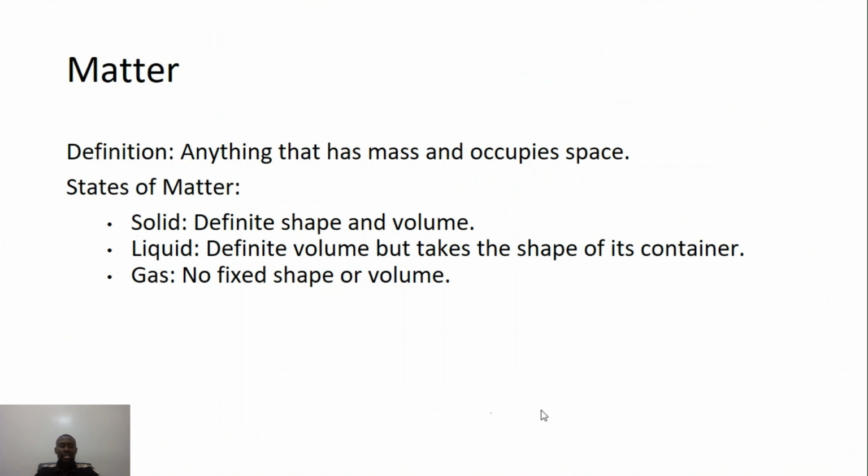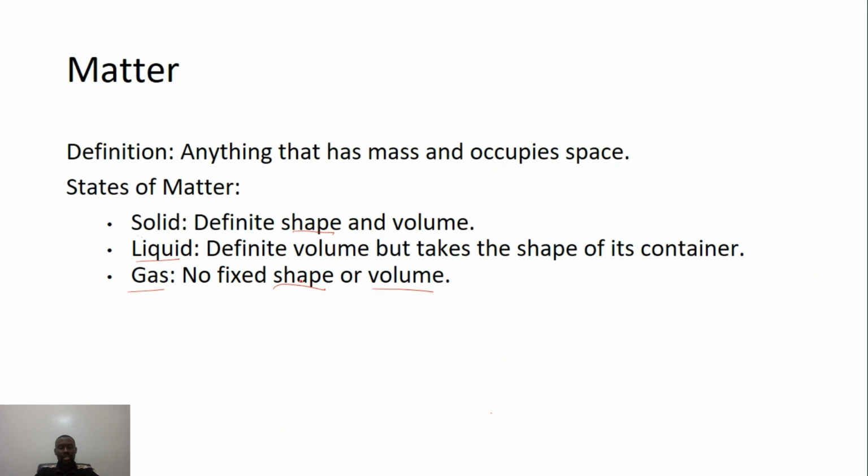And matter can exist in three states. It can exist as solid, as liquid, or as gas. The unique difference between these three states is that solid usually has its definite shape and volume, while liquid usually takes the shape of the container and it has volume, while gas has neither the shape nor the volume.